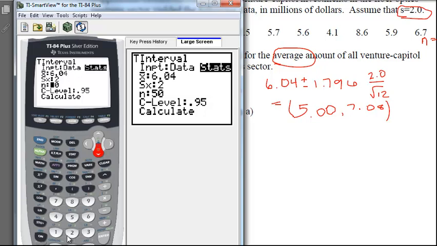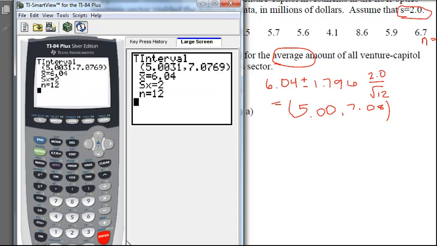Our n is 12. And our confidence level is 90%. And then I just go to calculate and I hit enter. Okay, and so it gives me a confidence interval, the same thing that we calculated there.